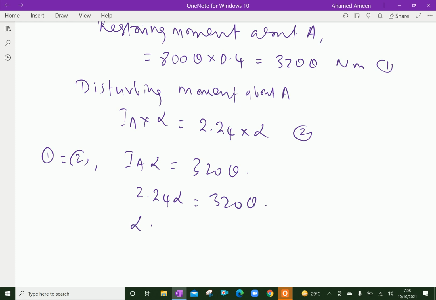Therefore alpha by theta equal 320 over 2.24, which is equal to 142.9.